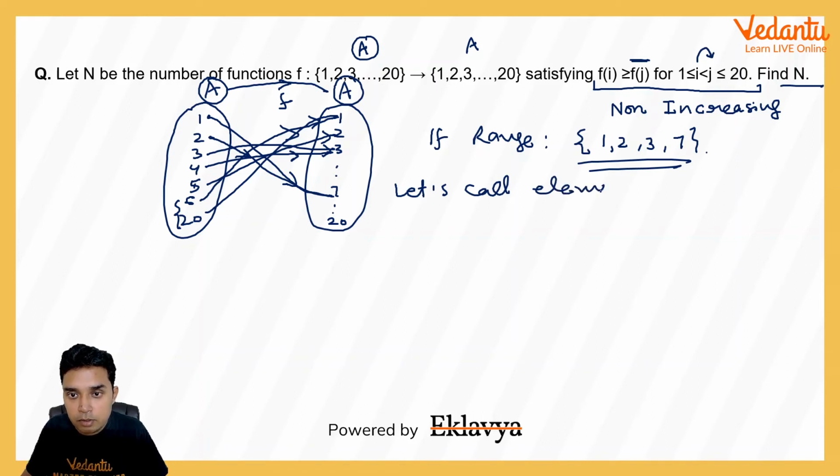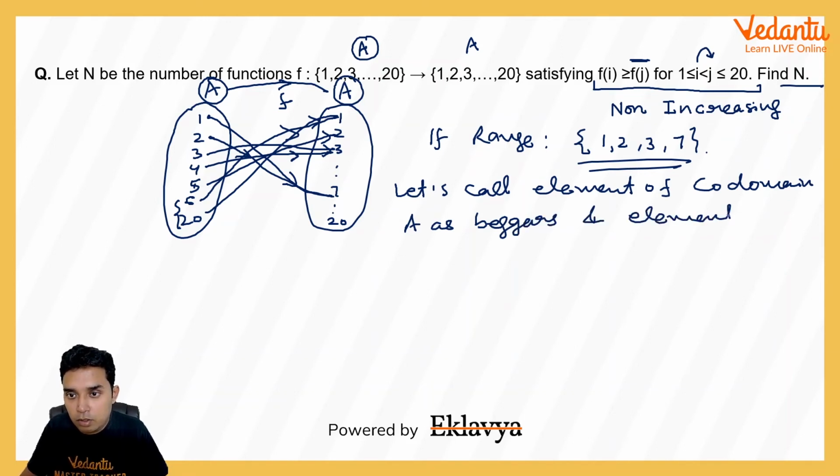Let us call elements of codomain A as beggars, and elements of domain A as coins.